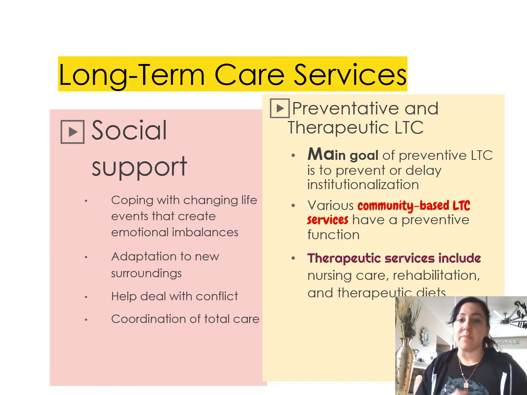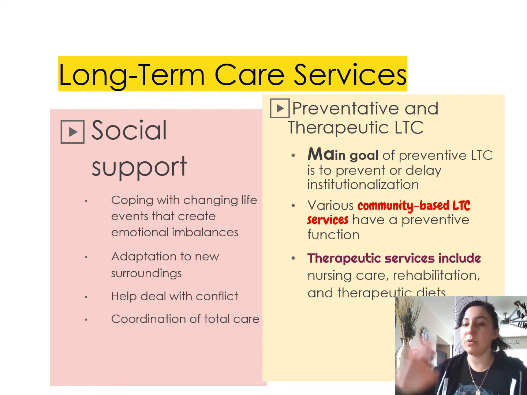Then the preventative and therapeutic long-term care services. The main goal of the preventative services is to prevent or delay institutionalization. You want to not have to go to a home. Push that off as far as you possibly can.